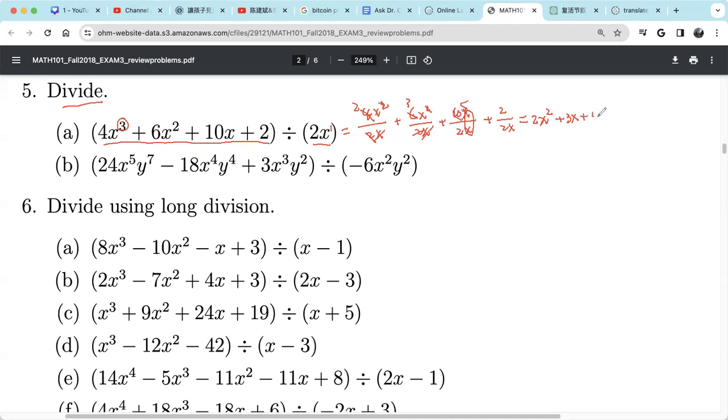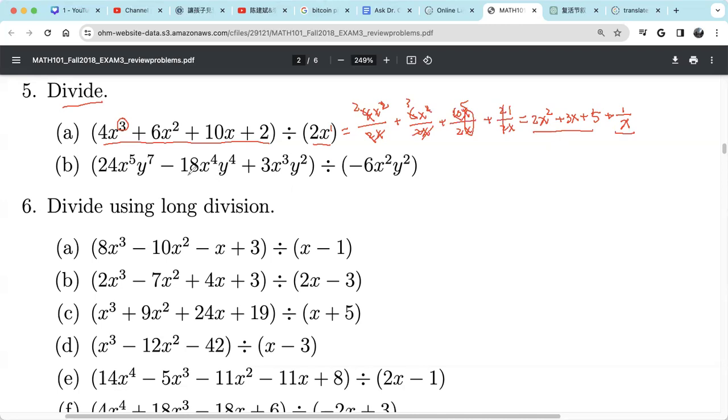Then the last term, 2 divided by 2 becomes 1, so the last term is a rational expression, 1 over x. So that's the division. After division, that's the quotient with a remainder, 1 over x.